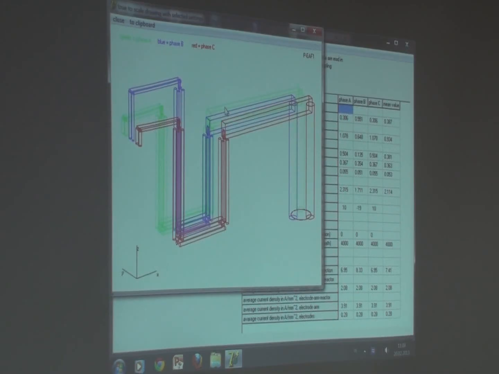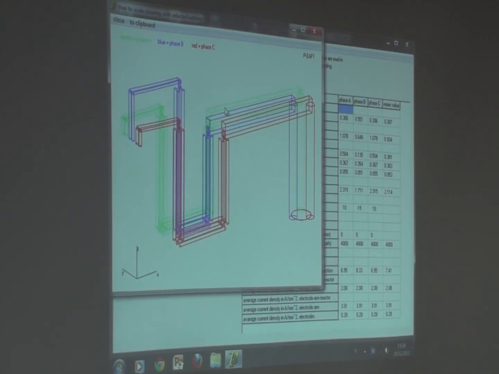And you will also, if you have an unsymmetrical system, X1 unequal X2 unequal X3. You see, all currents and all powers are not symmetrical.